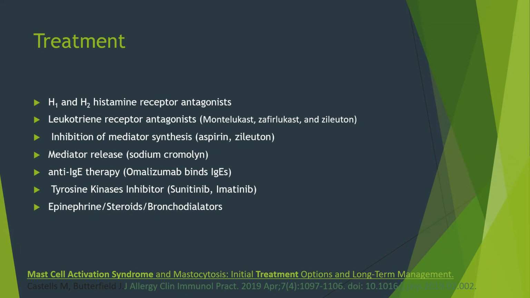Then another thing is mediator release blockade. It's sodium cromolyn. We usually use it more for nasal, as a nasal spray or eye drops, or even for asthma, you could use a spray. It's actually a powder that gets inhaled. And apparently you can get that as a drink for people who have gastrointestinal symptoms.